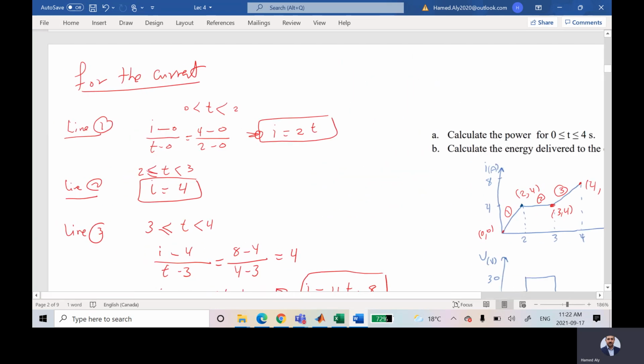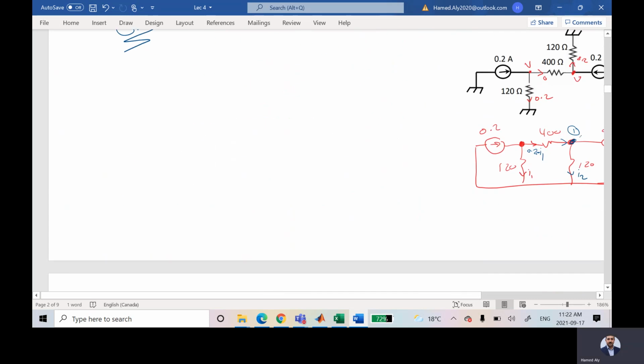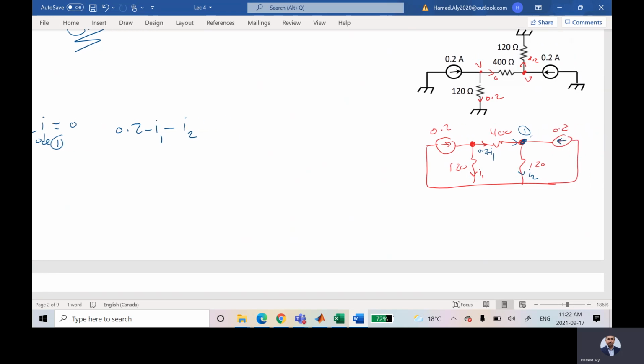So if I say summation of the current is equal to 0 for node 1, I can say 0.2 minus I1 is hitting that node, minus I2, which is leaving the node, plus or minus this guy: this guy is hitting, this guy is leaving, and this guy is hitting.